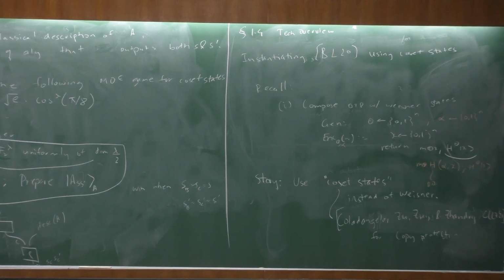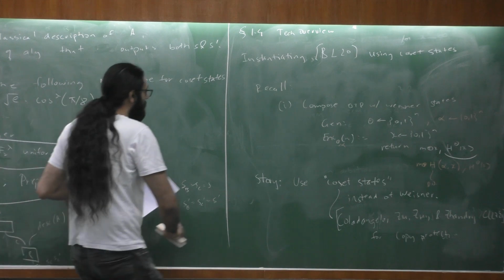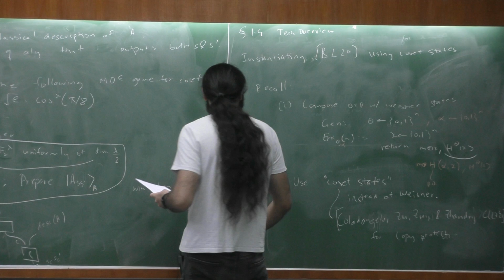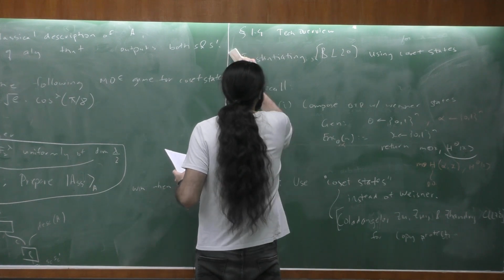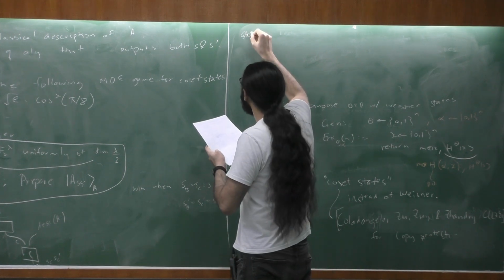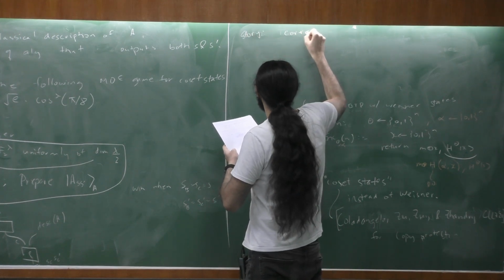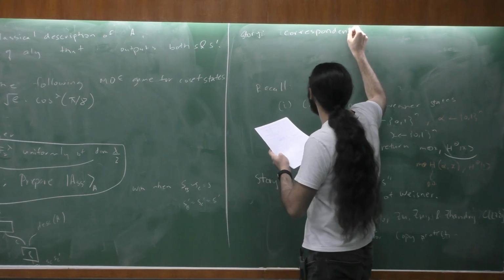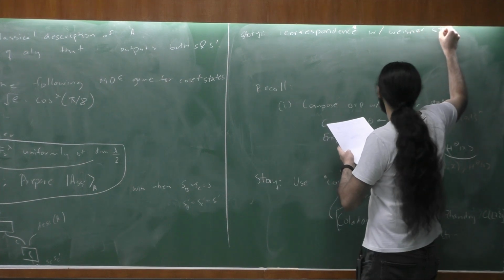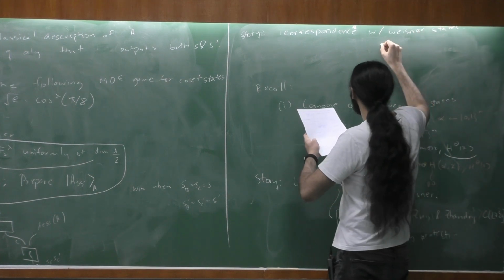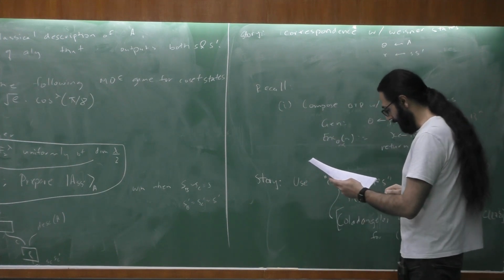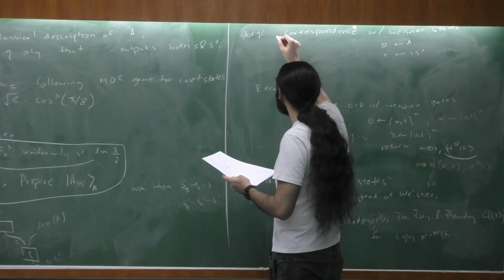So let's write it down. The story: there's a correspondence with Wiesner states, where theta corresponds to A and X corresponds to S and S prime.